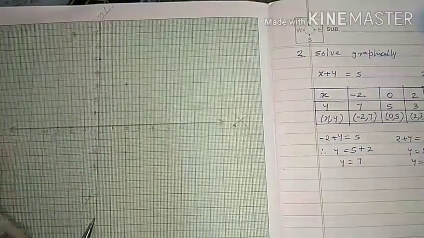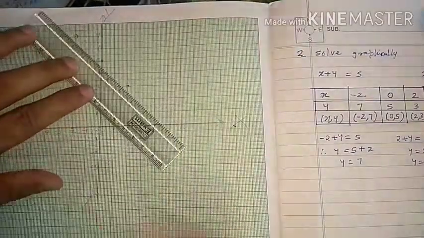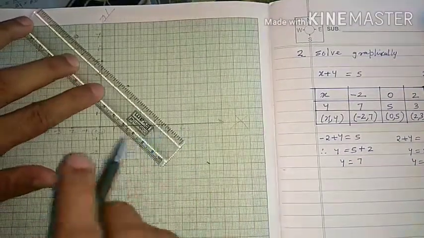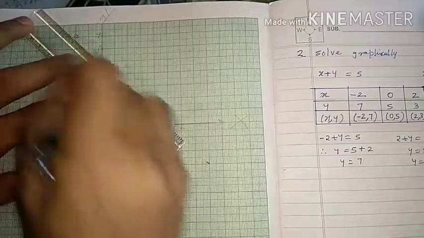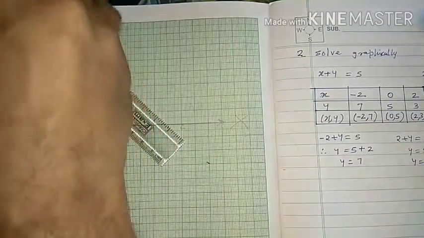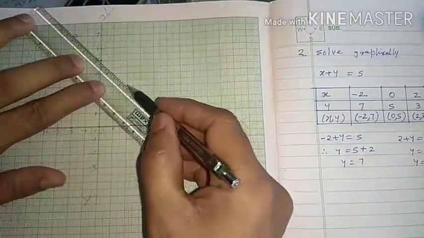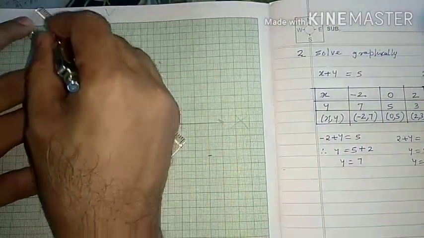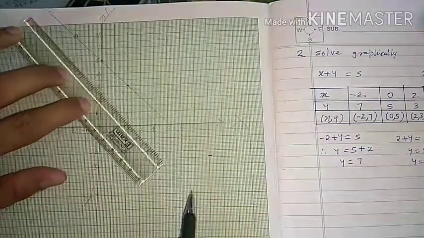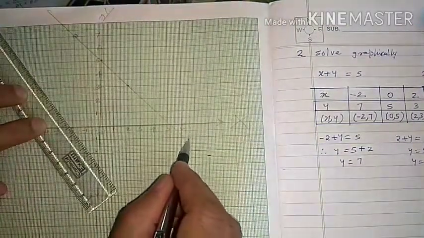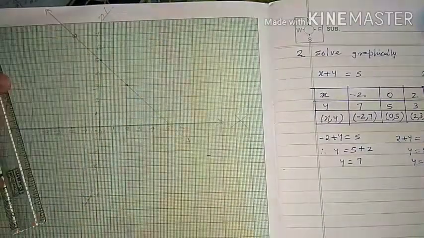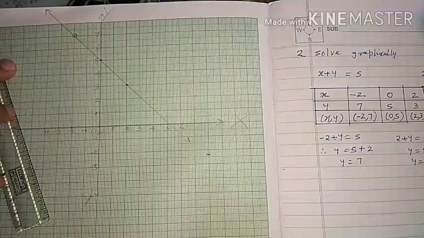This is the point. Now we join these and draw a single straight line. Preferably keep the first and last points fixed. And we draw a single straight line. Arrowheads are given at both ends.